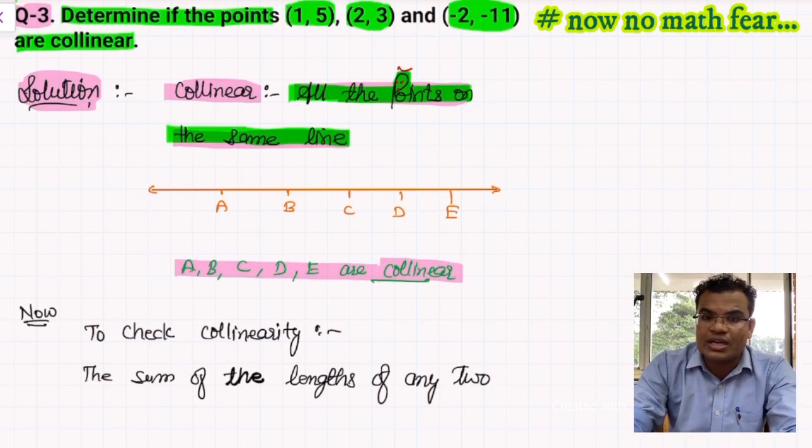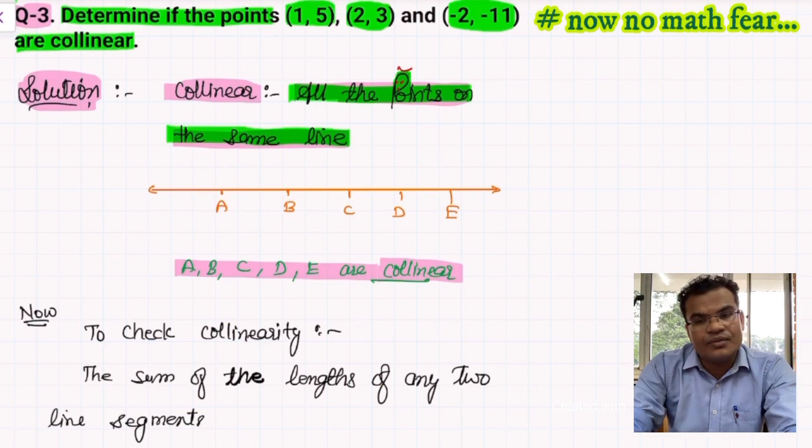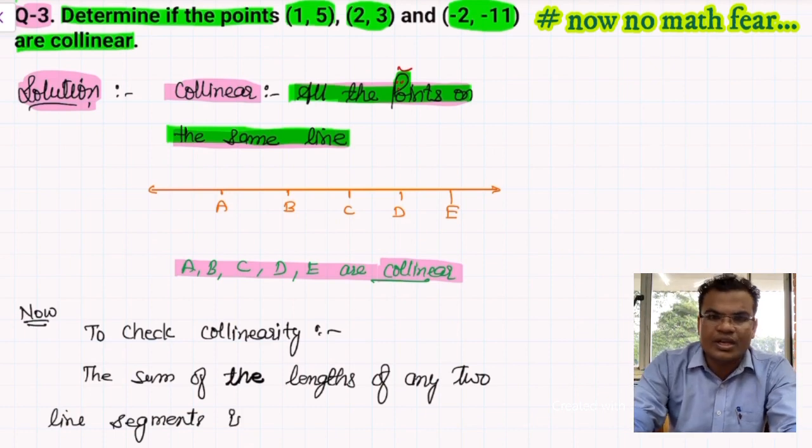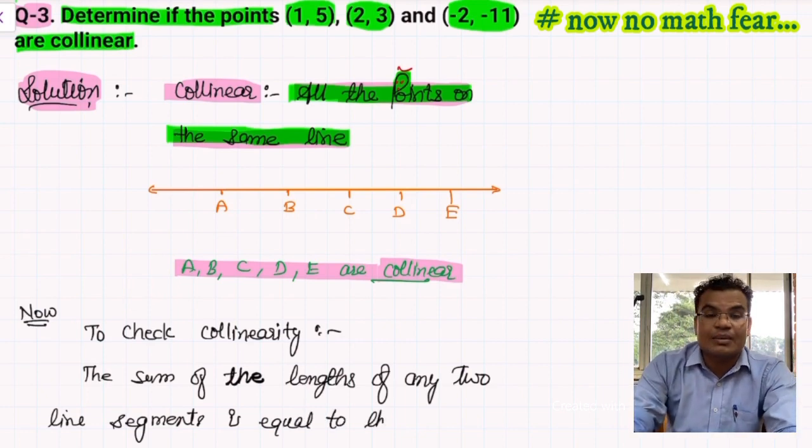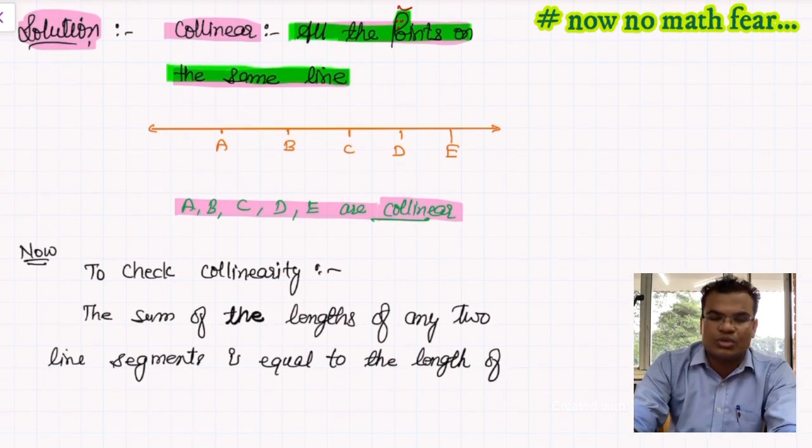I say the sum of two because there are 3 points. You take 2 segments, and if their sum is equal to the third, then you can say the points are collinear. Otherwise you say the points are not collinear, because the sum of the first two line segments is not equal to the third one.